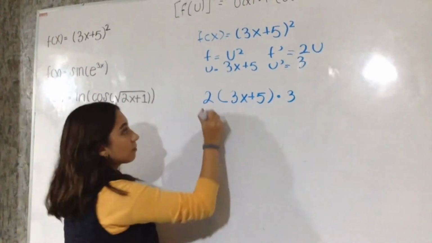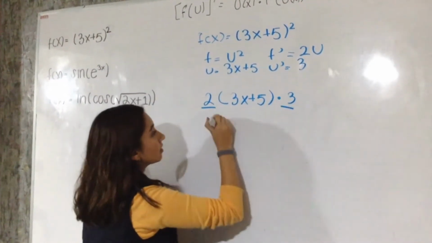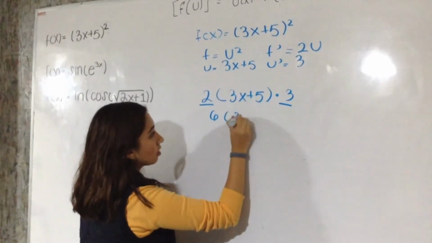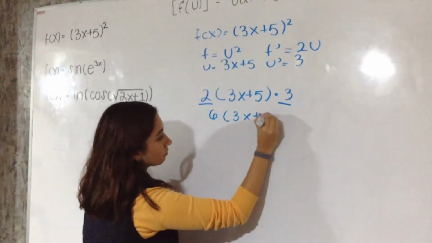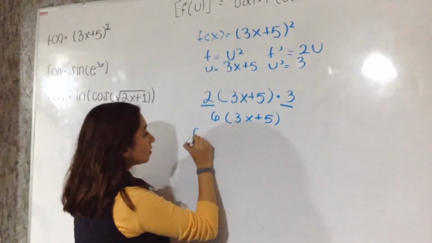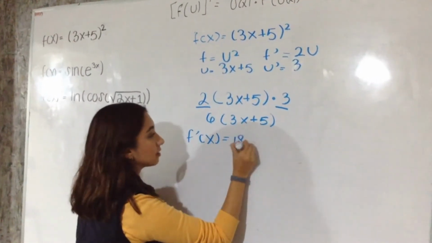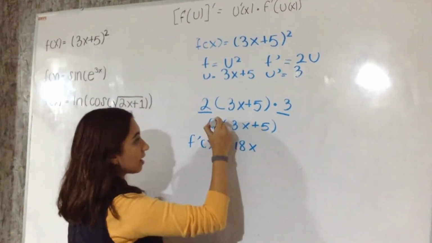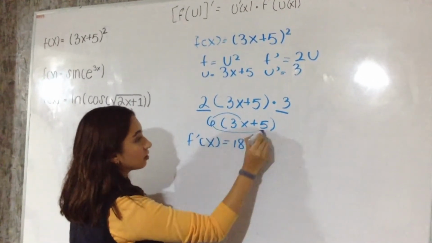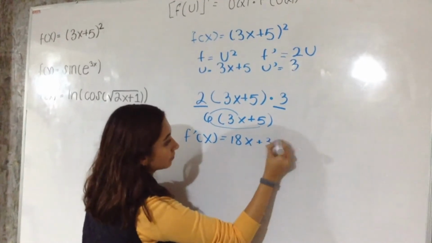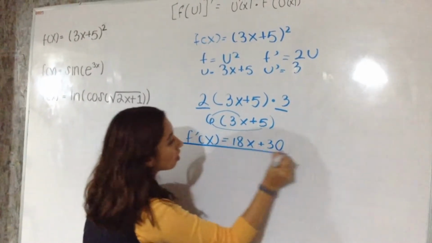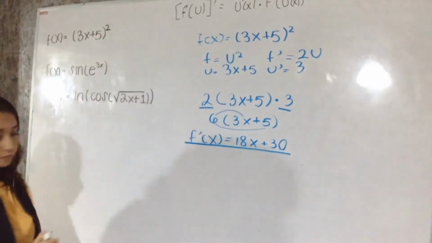Now to solve it, I'm going to multiply these two. It's going to give me 6 multiplied by 3x plus 5. Finally, I'm going to have 18x plus 30. This is the result of my first function.